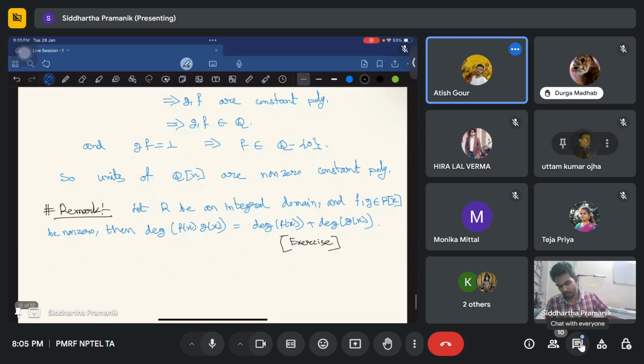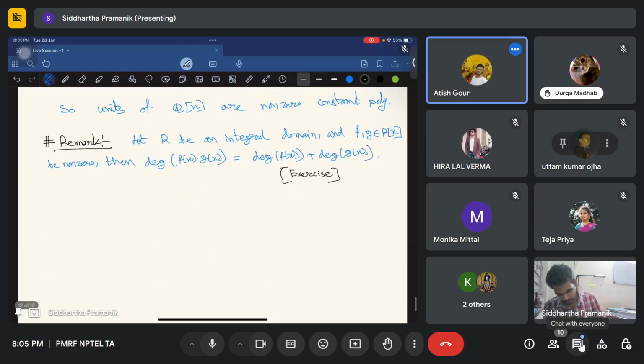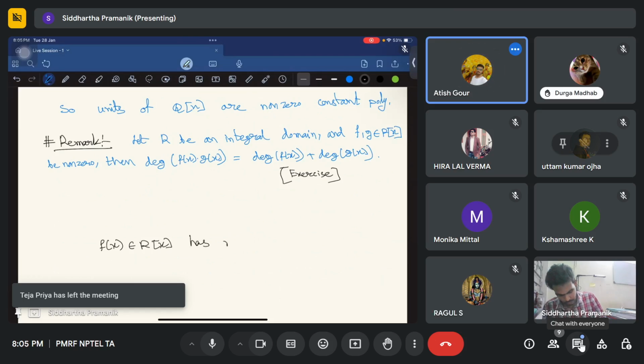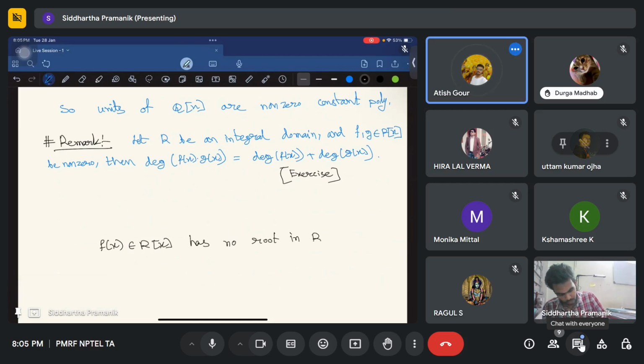Okay. So f of x belongs to R[x] and f of x has no root in R, then f of x is a unit.